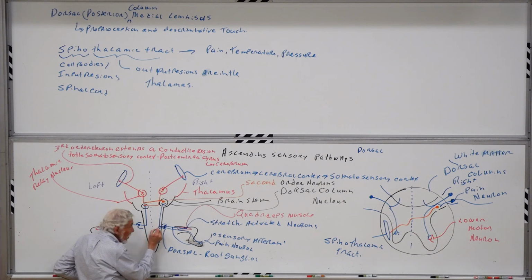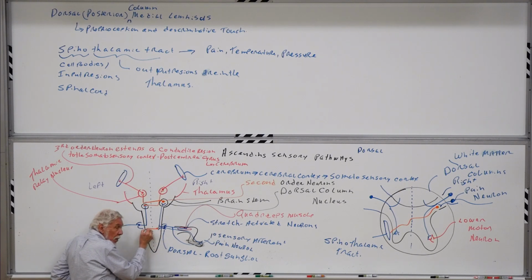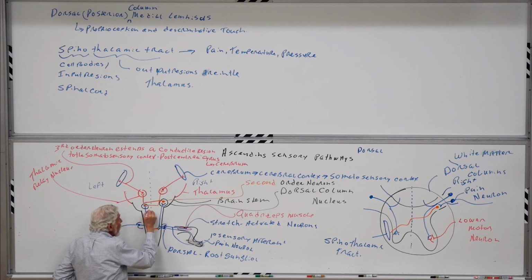Crosses over the midline. This is part of the spinothalamic tract. So here's the neuronal cell body, its input region, crosses over to the other side, because all good second-order neurons cross over to the other side, ascends the cord, goes buzzing right by the dorsal column nuclei, and finds its way here to the thalamus.